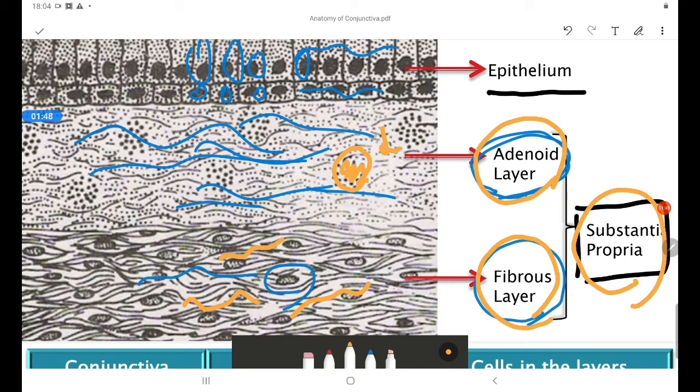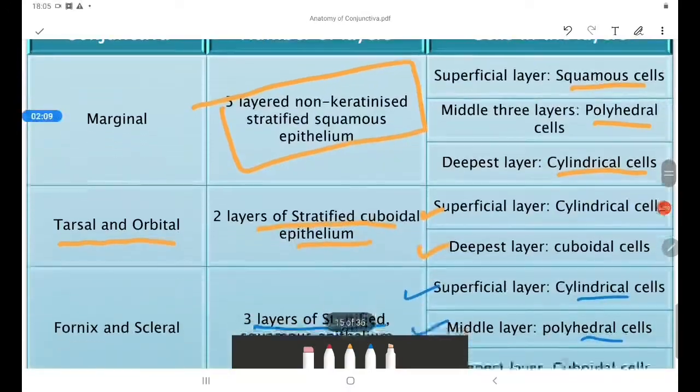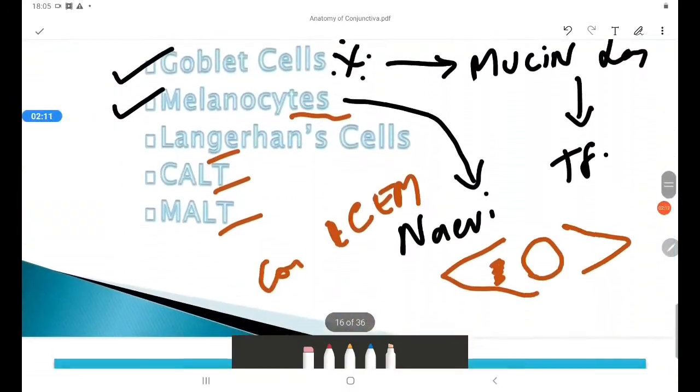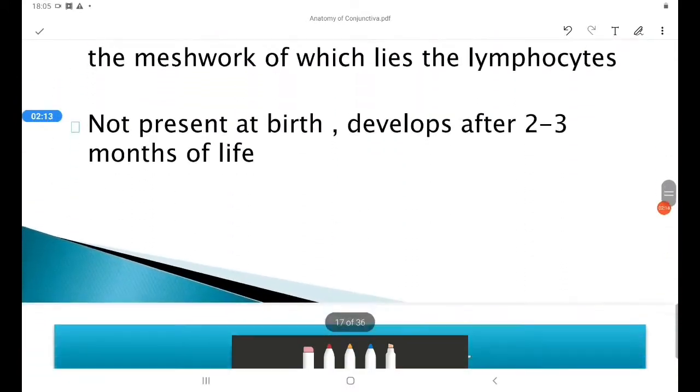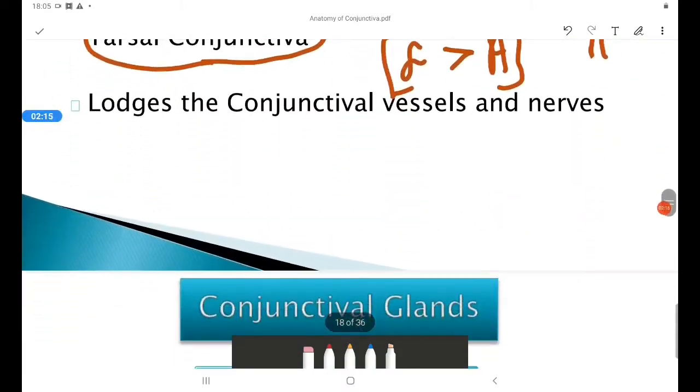So it is in the adenoid layer that we find lymphocytes, and in the fibrous layers we have the conjunctival vessels and the nerves running. Now that's about the substantia layer. The epithelial layer has already been discussed.